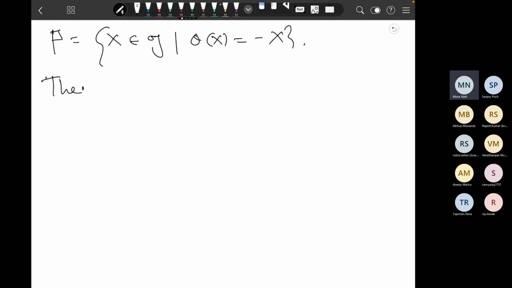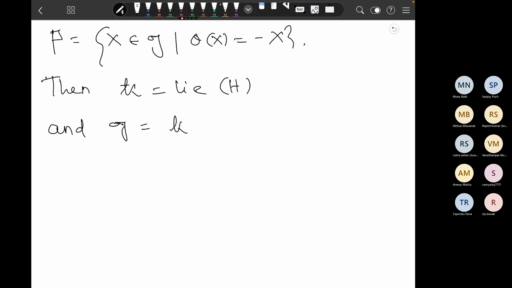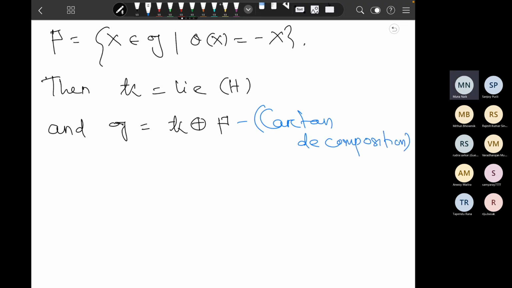Then 𝔤 = 𝔨 + 𝔭, and this is called the Cartan decomposition.